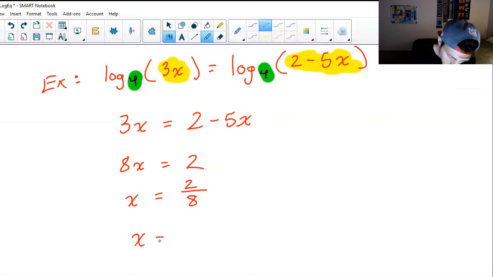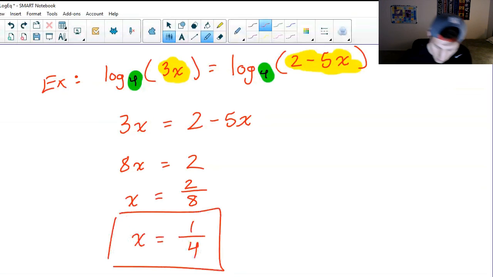So we'll go one step further and simplify this to 1/4. That's method 1, and it's kind of the most simple version that we have.